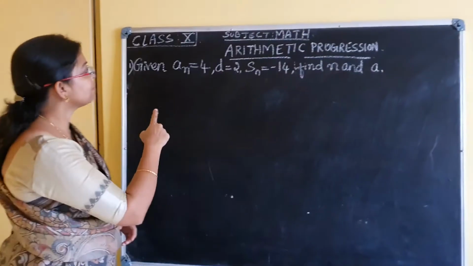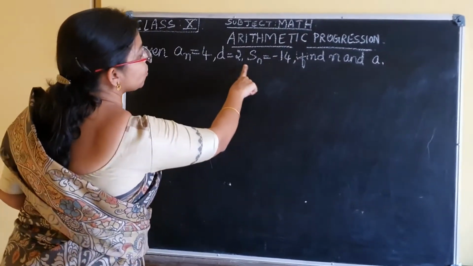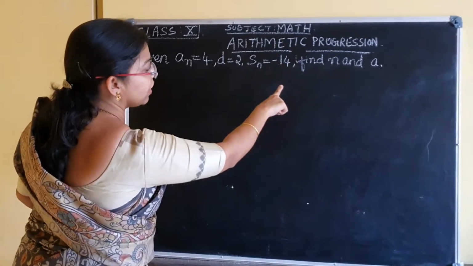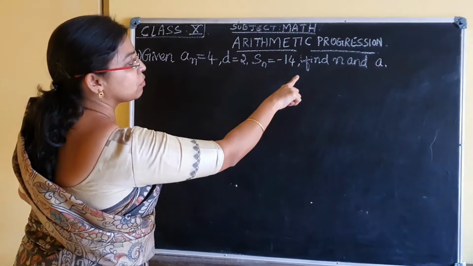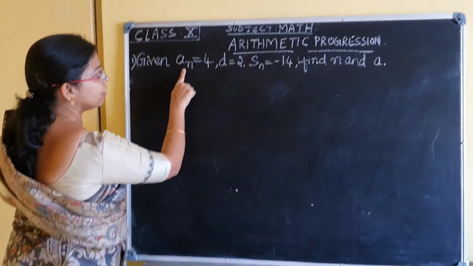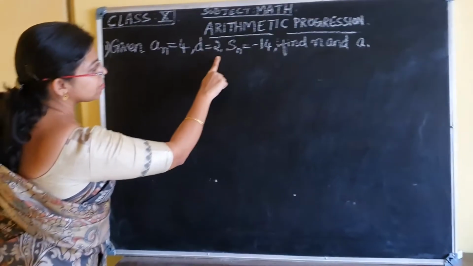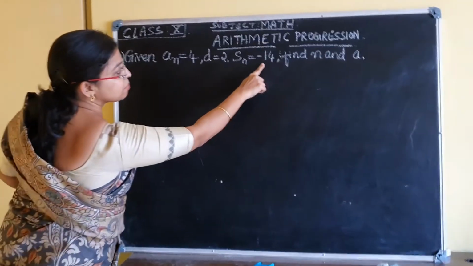Okay, children, in this problem, given an is equal to 4, d is equal to 2, Sn is equal to minus 14, find n and a. Both the values we need to find out, that is n and a. What is given? The last term an, which is 4, the common difference is 2, and the sum of the first n terms is minus 14.